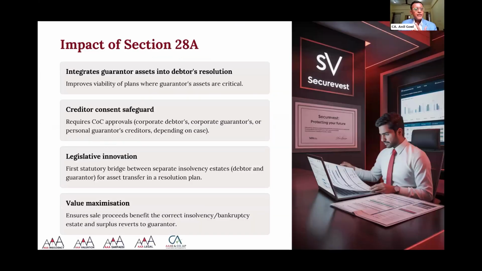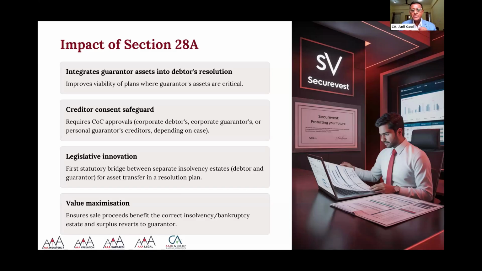So these are, again, like I said, this is section 28, capital A. In fact, it is integrating the personal guarantor's assets into the CIRP or the liquidation process. Again, it is integrating the corporate guarantor's assets into the CIRP or the liquidation of the corporate debtor.